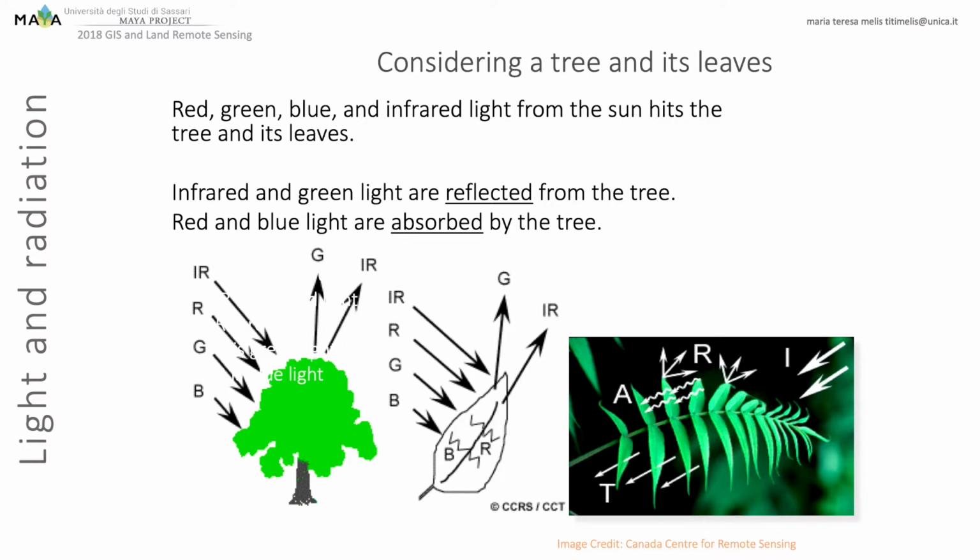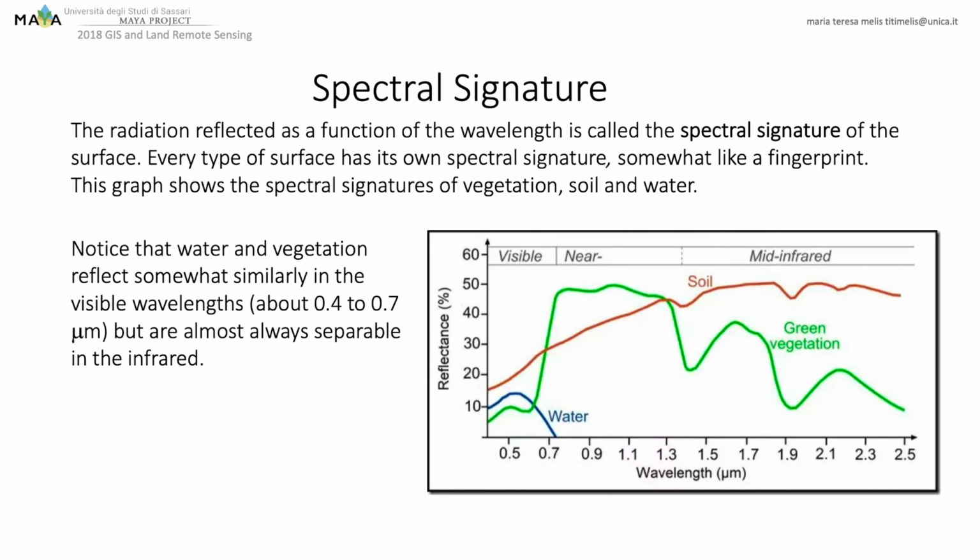And this is very important because with our eyes we see the leaves green as the green light is reflected, while we don't see the infrared with our eyes. But infrared is very, very important to analyze the state of the vegetation, the health of the vegetation. And to analyze this radiation, we can introduce the concept of spectral signature.